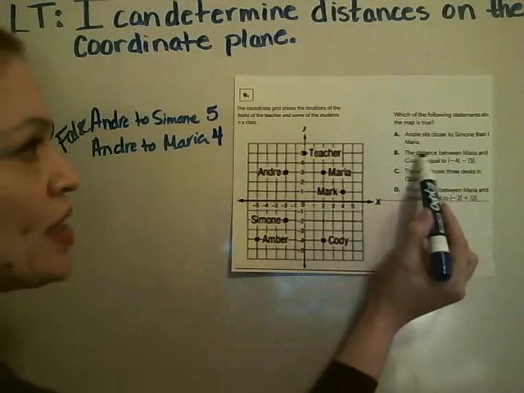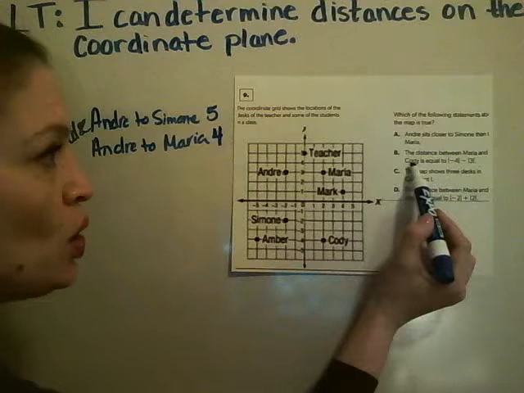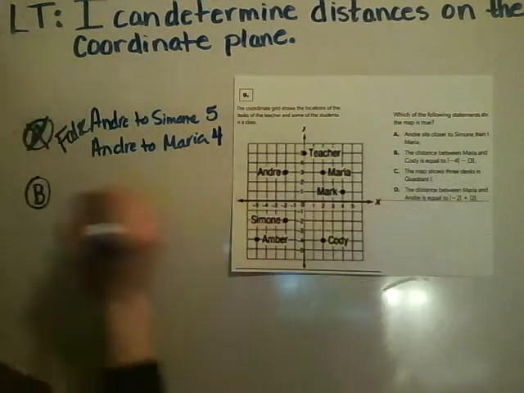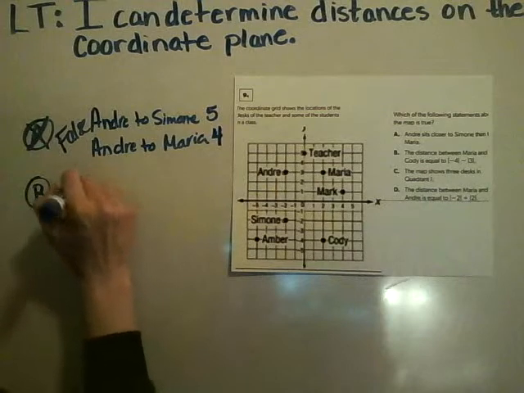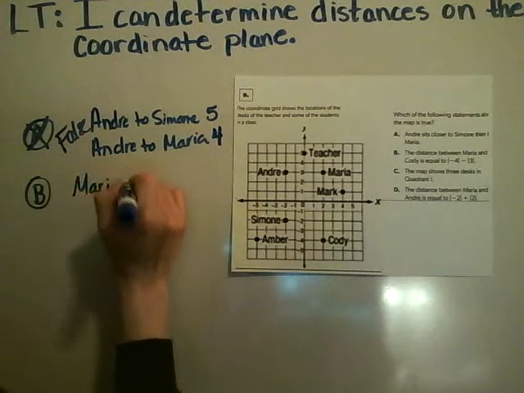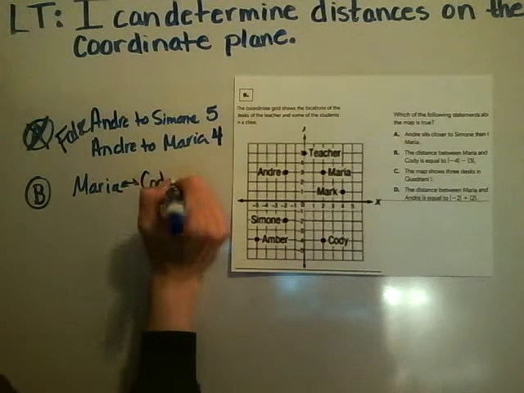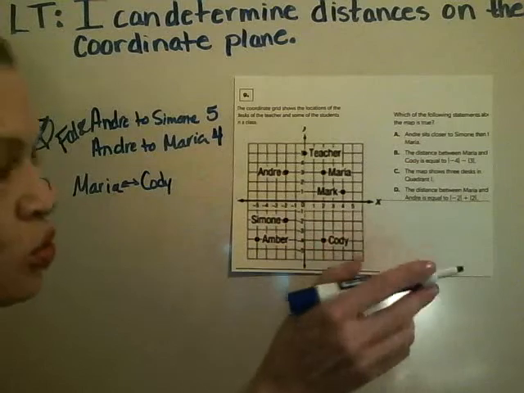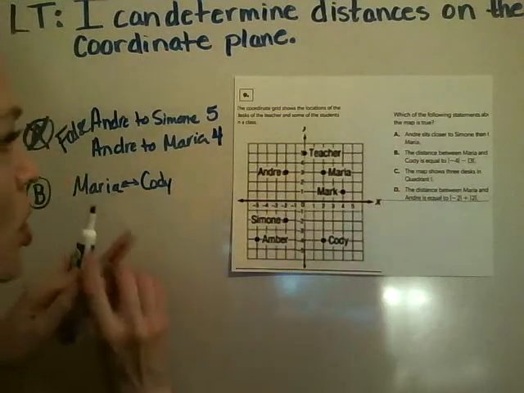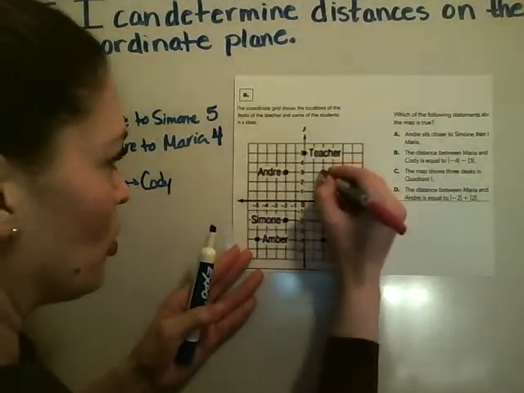B says the distance between Maria and Cody is equal to, okay, let me make some notes. Maria comparing to Cody. Let's first get that, and then we'll do the absolute value work. So where's Cody? Oh, down here. Cody, Maria.